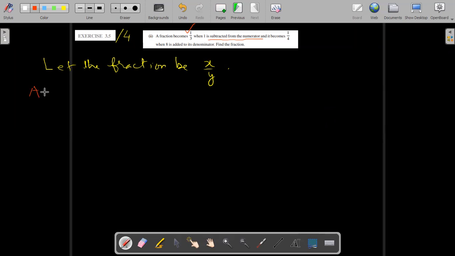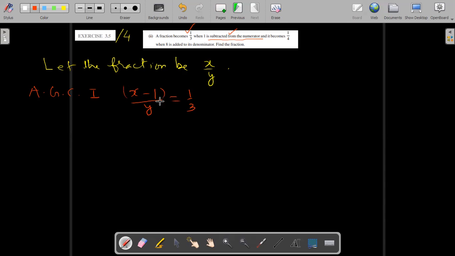So according to the given condition number 1, when 1 is subtracted from the numerator, it means x minus 1. Only 1 is subtracted from the numerator and the denominator is not changed, and it becomes 1 by 3. That means the denominator stays as it is.